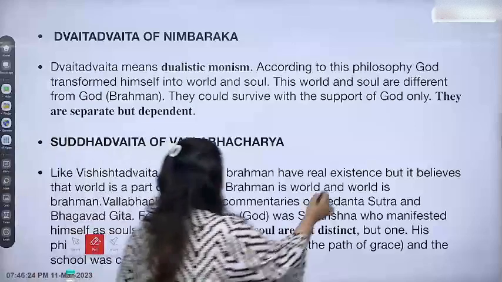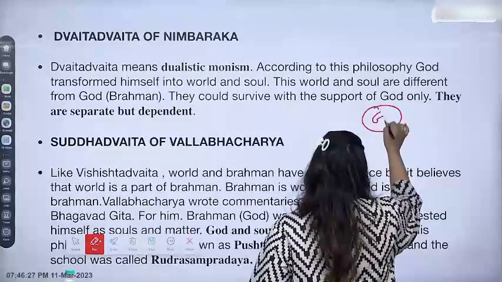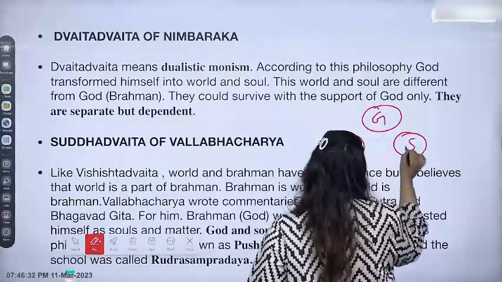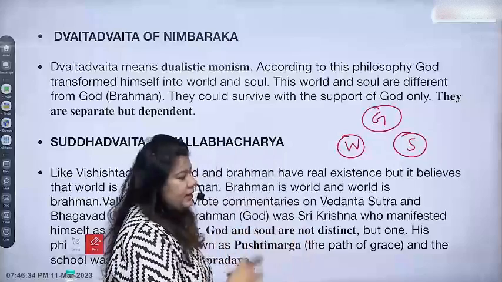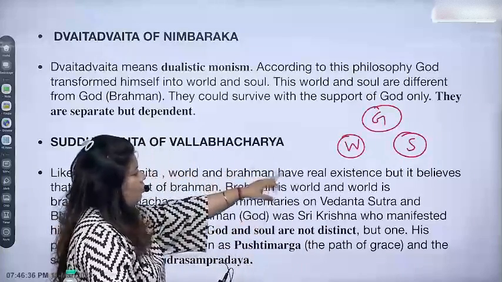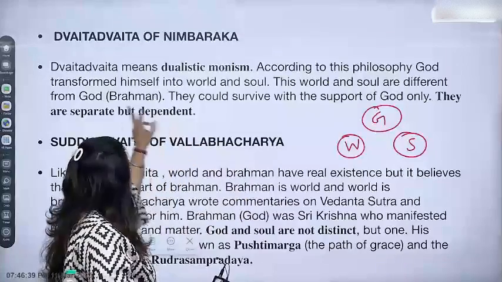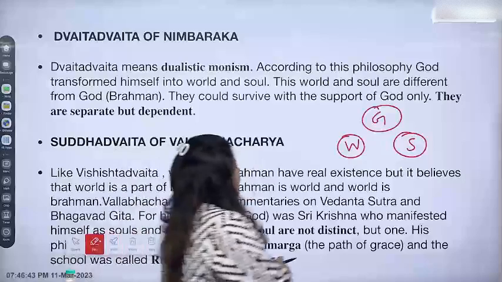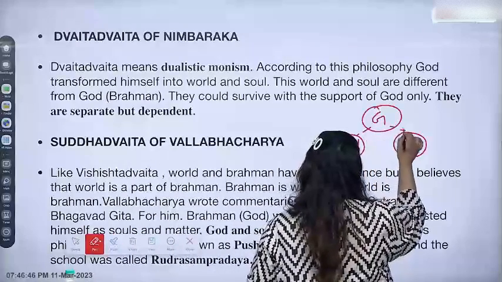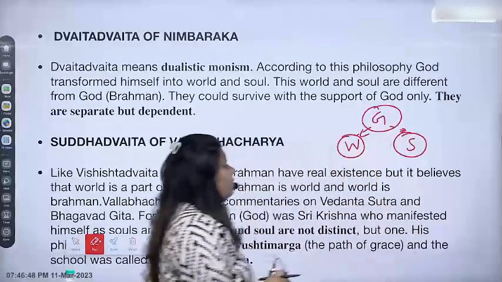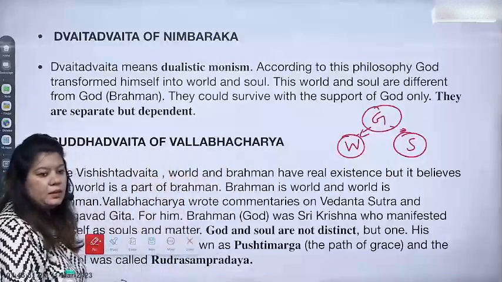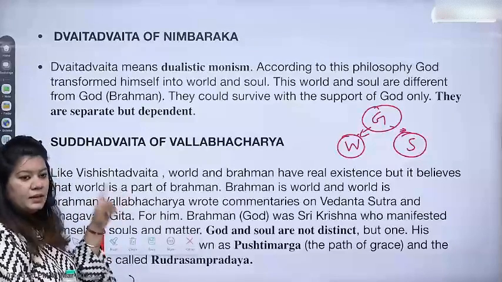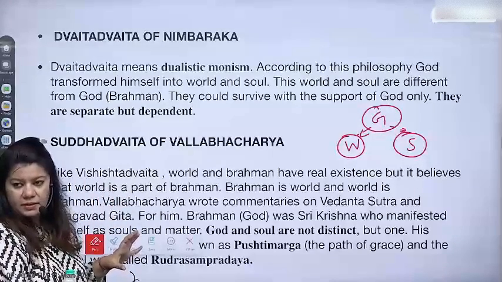So it says God, world and soul, right? उसके बाद क्या बोल रहे हैं? World and soul are different. God has transformed itself into world and soul. They can exist only with the support of God only. ठीक है? So they are separate but dependent for their existence.